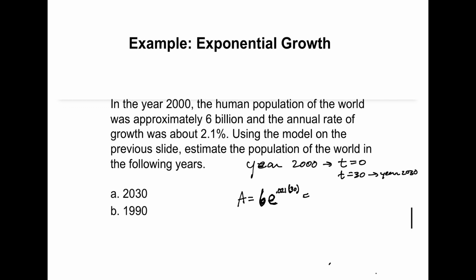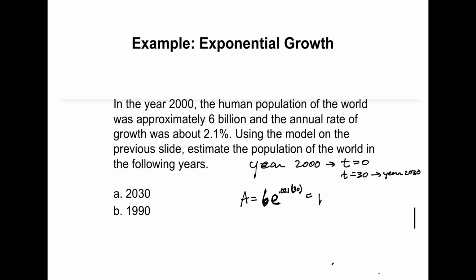Putting this into our calculators, we see it's almost double, 11.265, and this would be in billions of people. So over that period of 30 years, starting from 2000, we saw an almost doubling of the world's population over the course of 30 years.